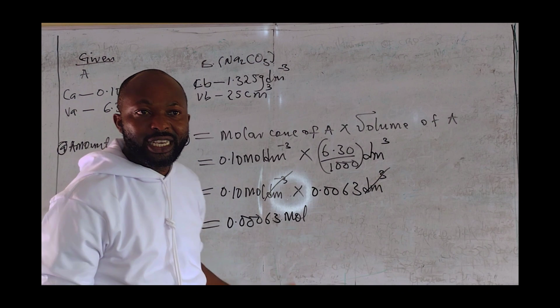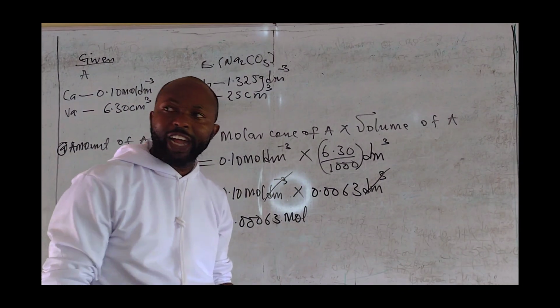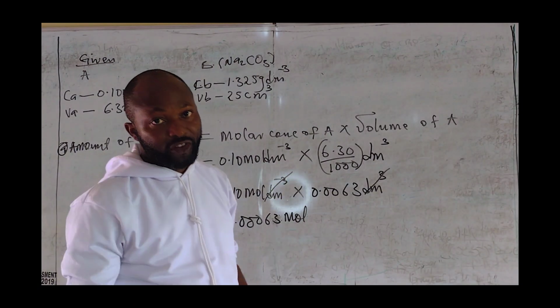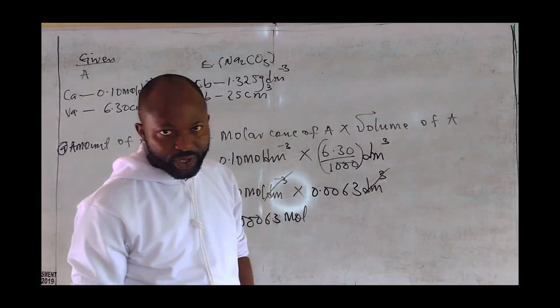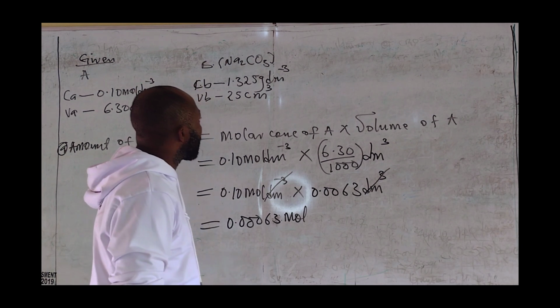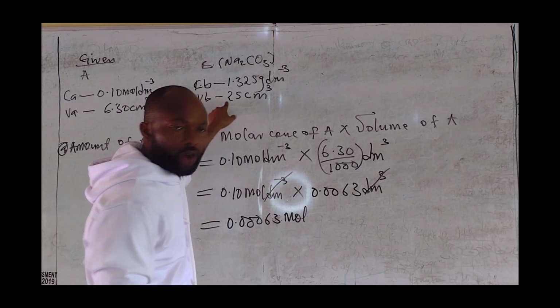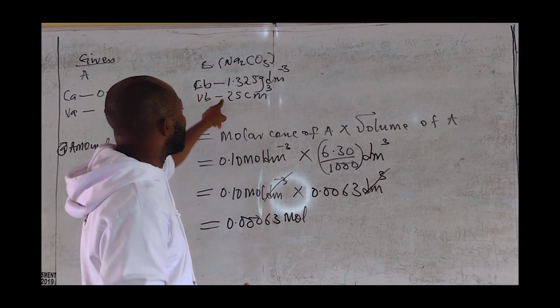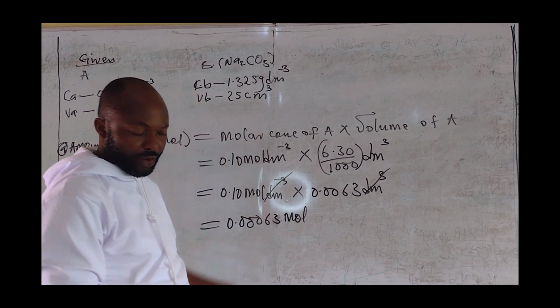We don't know what the acid is, so we will not be able to balance the equation of reaction to know the number of moles of the acid and of the base, which is our Na and our Nb. So because of that, we have to use a different way to get the molar concentration of the base. Therefore, we now apply it with the volume to get the amount.